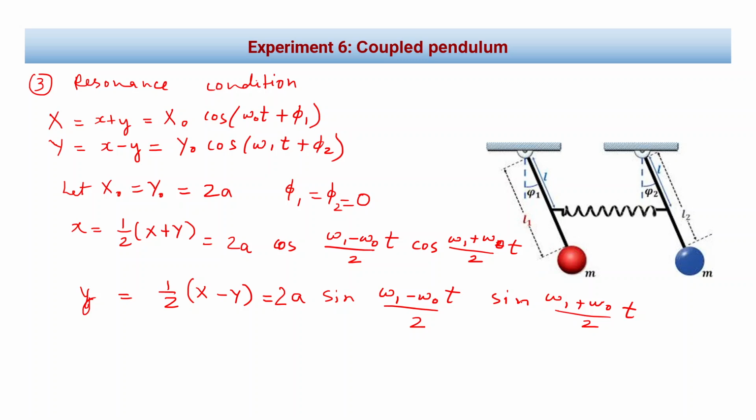Okay, so what we see from this is, if you compare it with the equation we get for a simple pendulum, which is a sine kx minus omega t, right?